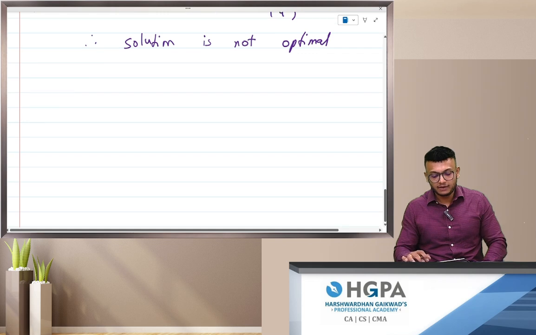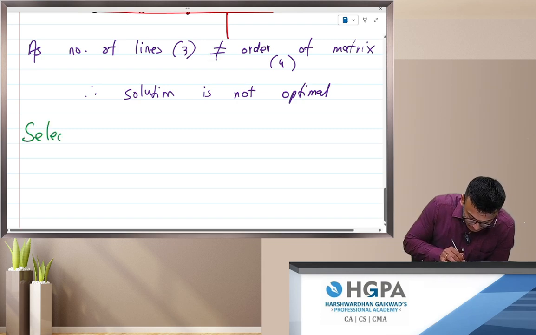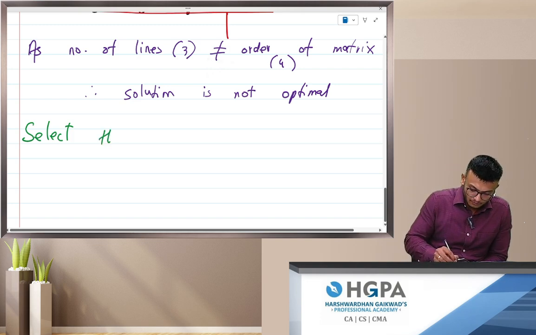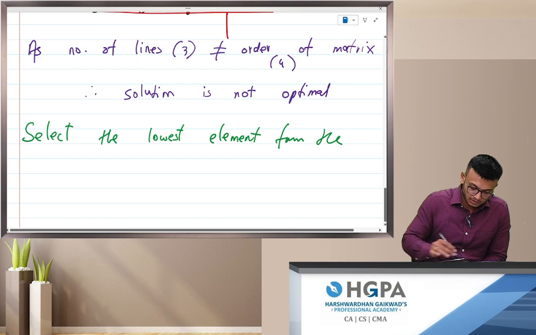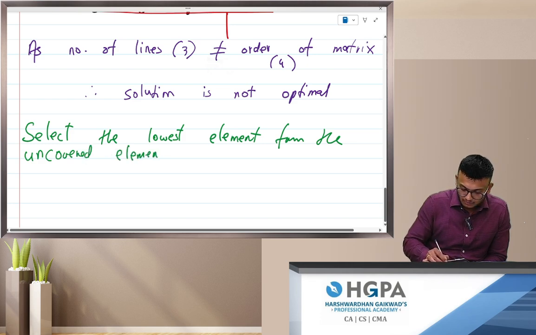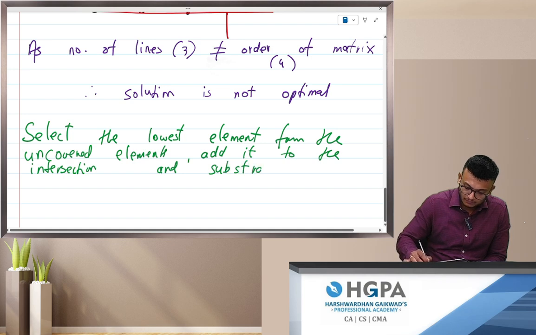So I'll just write it over here. If the solution is not optimal, what you have to do, pay attention: select the lowest element, as in the number, from the uncovered elements, then add it to the intersection and subtract it from the uncovered elements.